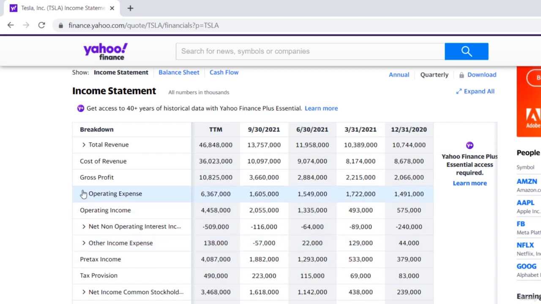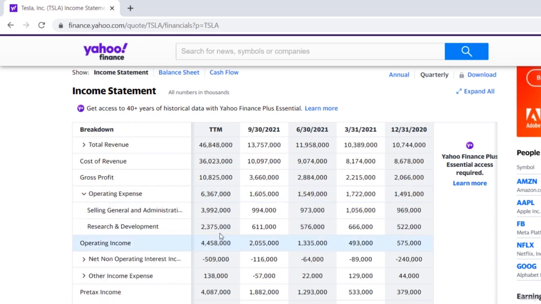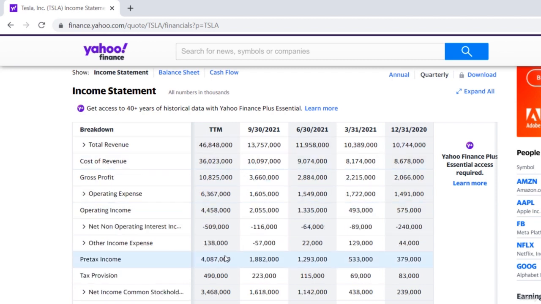But you're also getting a company that's not just sitting on its laurels. They are also putting money into research and development to keep ahead of the competition and to keep driving that top line revenue and to drive that income and those profits, right? So that's what drives stock prices up: positive earnings, certainly rising earnings, and rising earnings in the future. So we have $4.08 billion in pre-tax income.